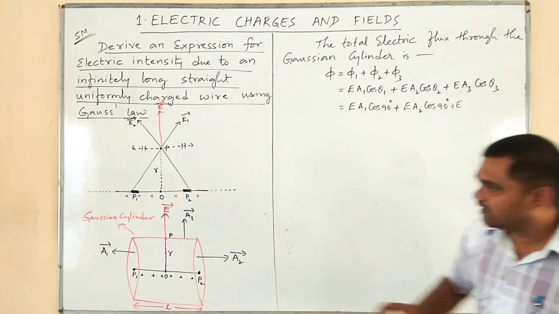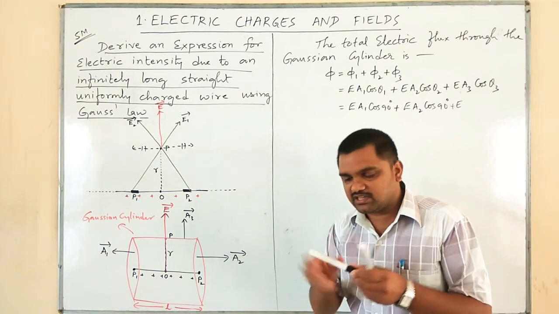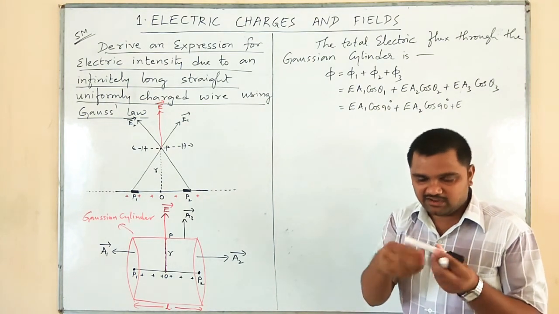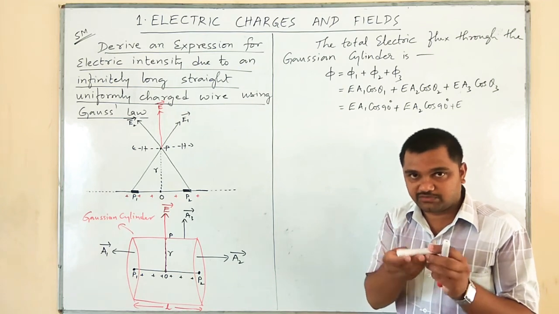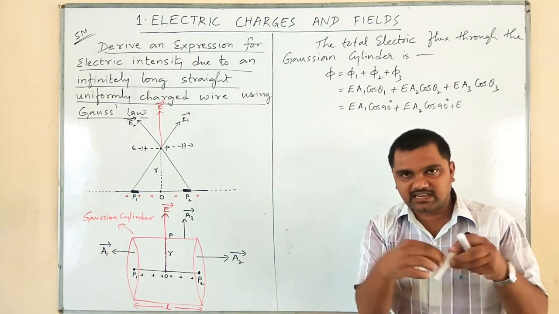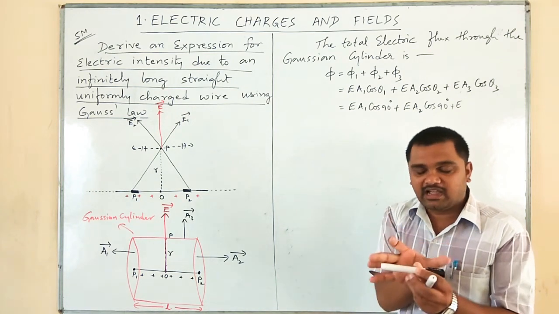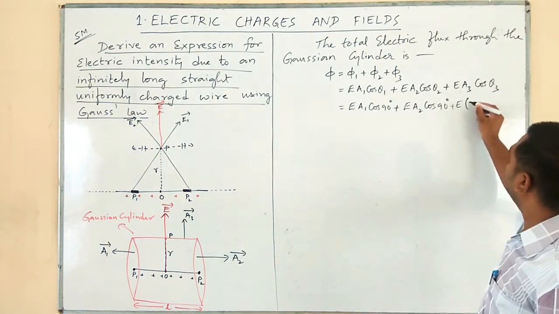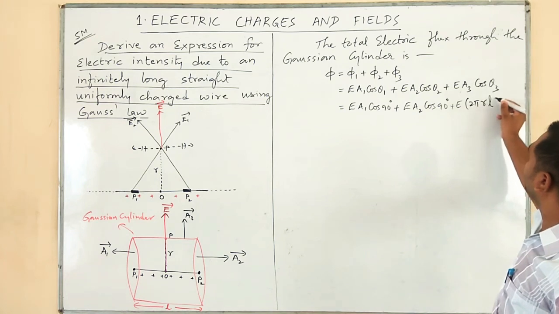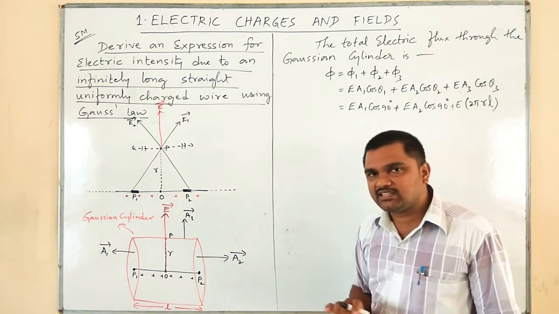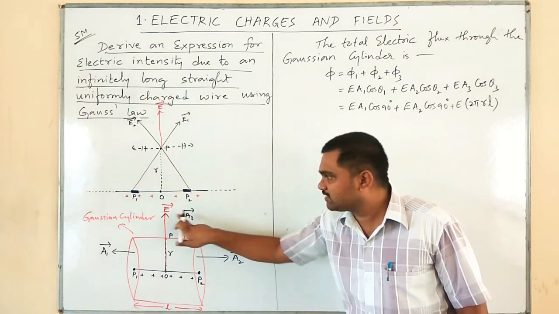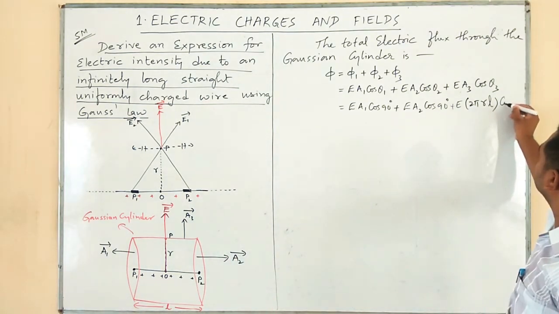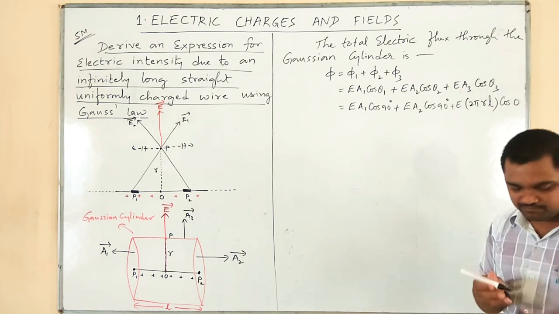E A3. What is the value of the curved surface area in a cylinder? The surface area of this curved portion is just like a circle, therefore 2 pi r, and this is the length L, therefore 2 pi RL. What is theta 3? What is the angle between E and A3? They are along the same direction, therefore that is cos 0.